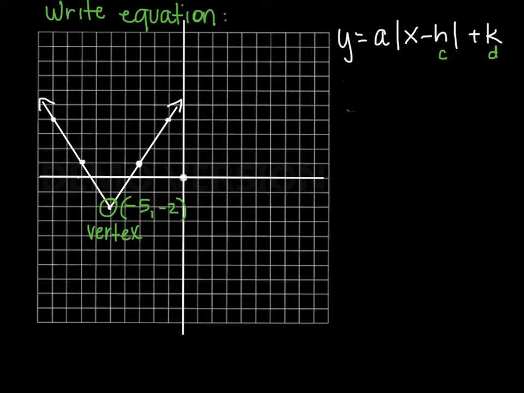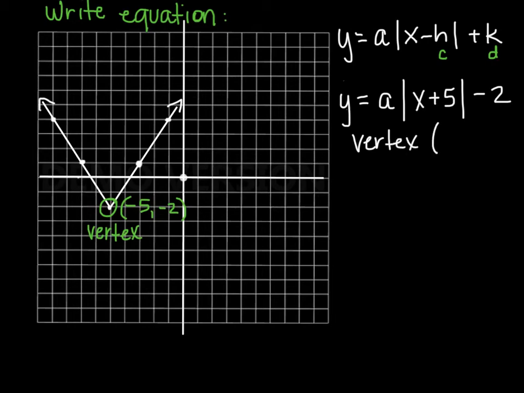So we're going to talk about the h and k first. So y equals left 5, which I know is going to be put in as a +5, down 2. It turns out that my vertex is going to be h, k. So this number and this number are going to be my vertex.